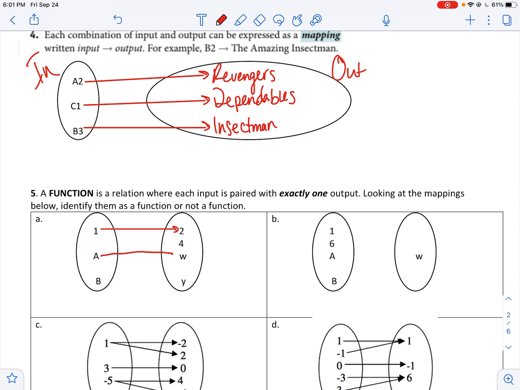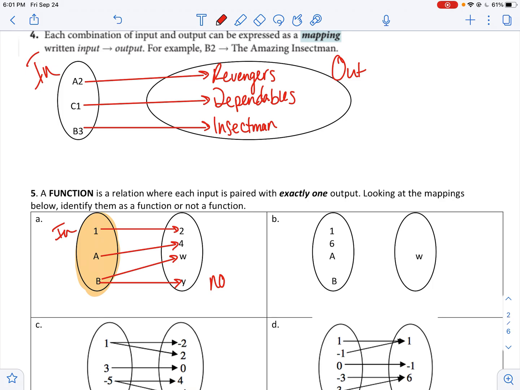So looking at these examples that I'm about to draw, look at the inputs on the left. Does each input go to exactly one thing? Is that a function? Well, no, because B has 2 arrows coming out of it.